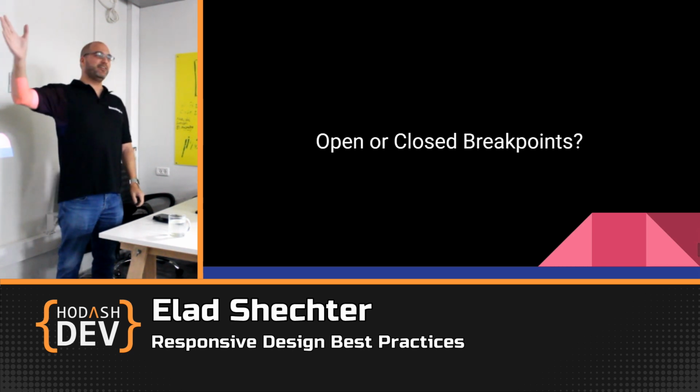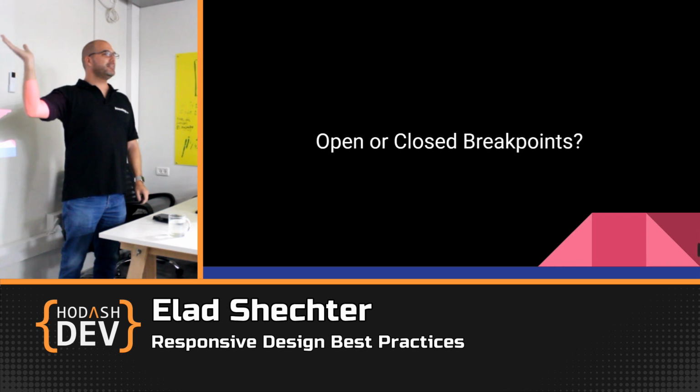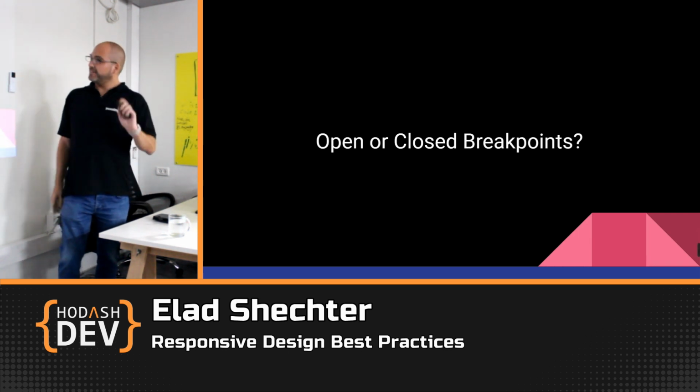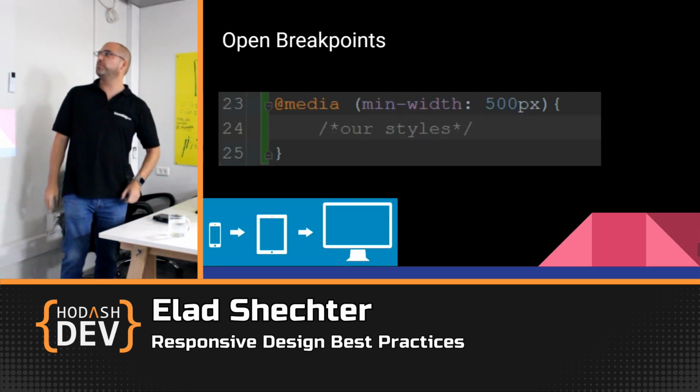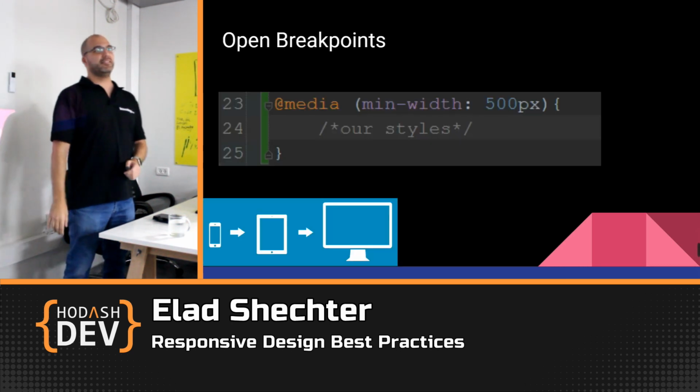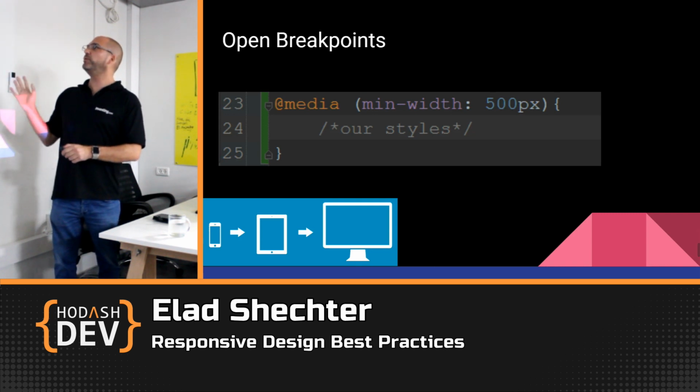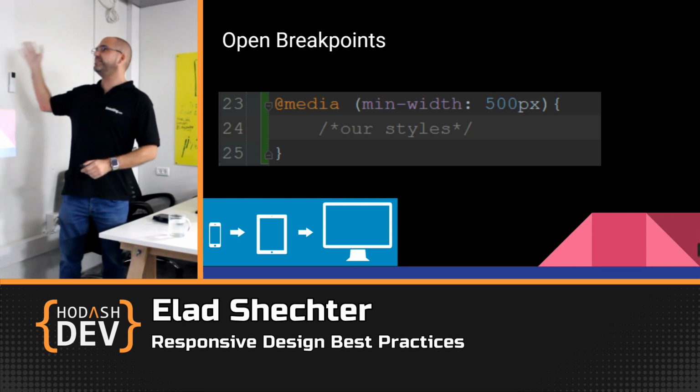Does anybody have an idea what open breakpoints and close breakpoints are? Let's explain them. An open breakpoint is a breakpoint that starts at a specific position, for example, a minimum width of 500 pixels, and doesn't have any end.